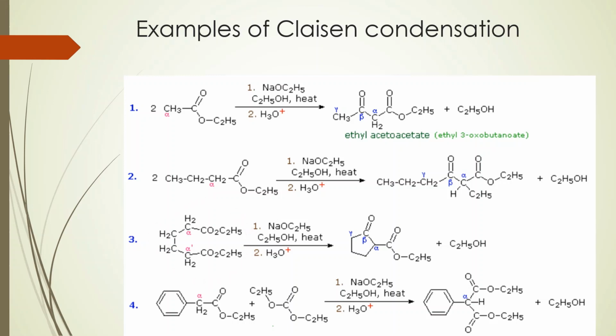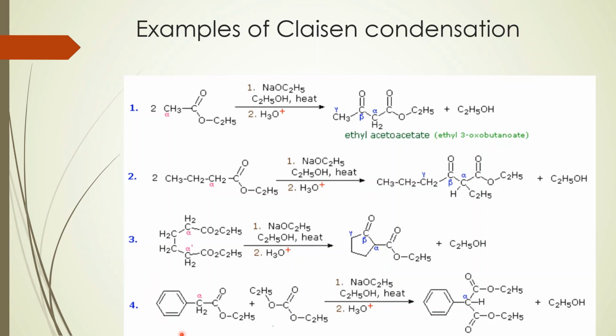So they will condense with each other. One will form an enolate ion, and after formation of the enolate ion, it will attack the carbonyl carbon of the other. So obviously it will form a ring. Here we will get a beta ketoester, but the ketone is present in the ring.